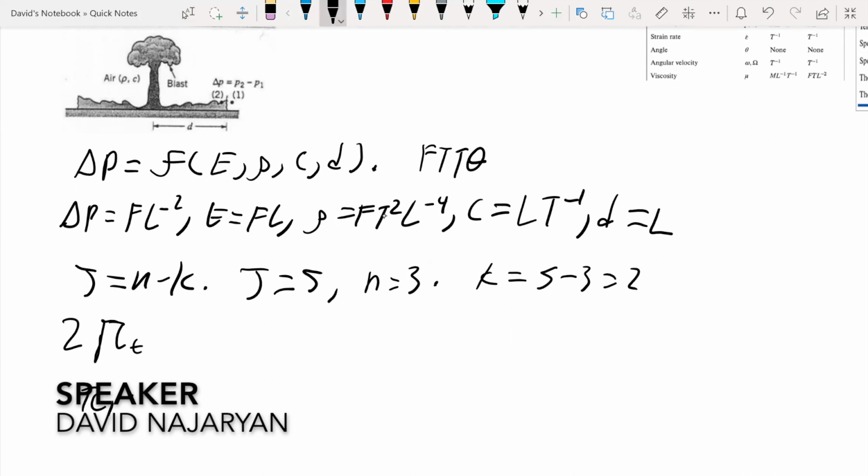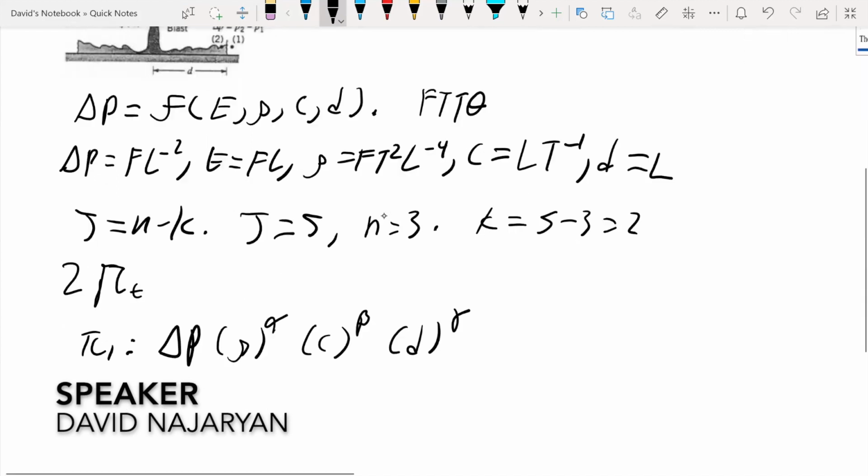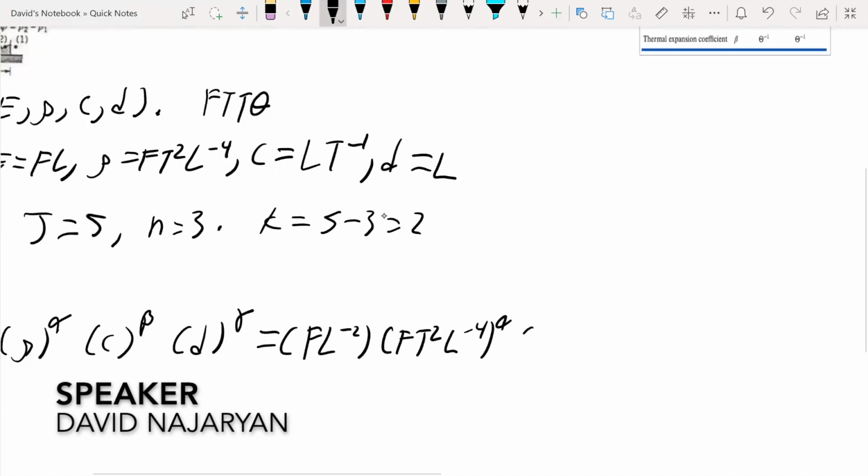So for the first pi term, we'll have delta pressure as a function of rho, C, and D, and their exponents I'll be using in Greek terms: alpha, beta, and gamma. So this equals their basic units. This one is for the density, this is for speed of sound, and this is for diameter, which is length.